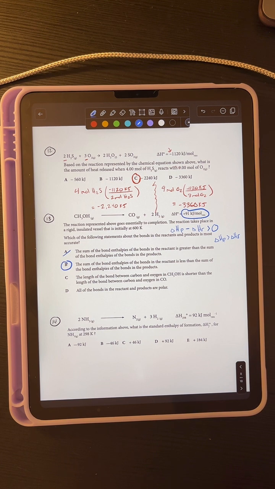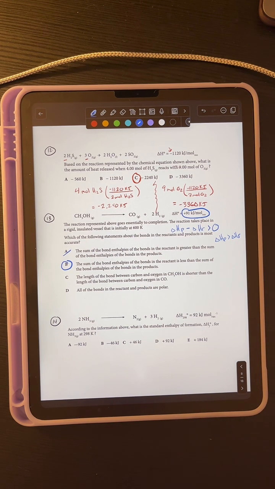Why can't I find it? Just put it in ChatGPT, bro. I would, but I don't have ChatGPT open. Let me just do delta H equation. I could be getting the unit 6 and unit 9 mixed up.